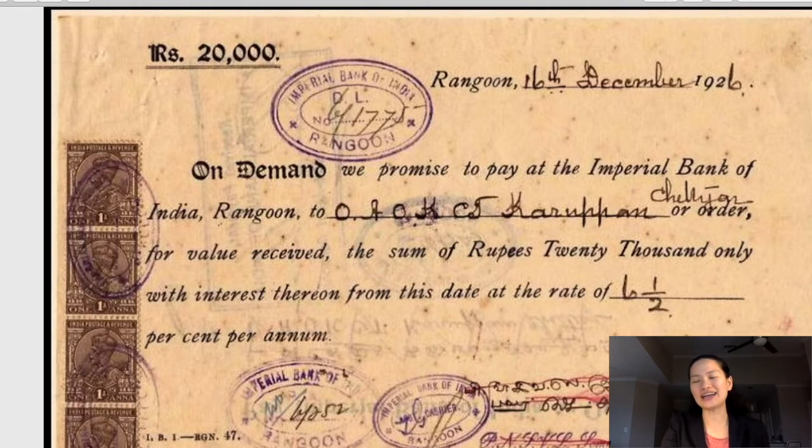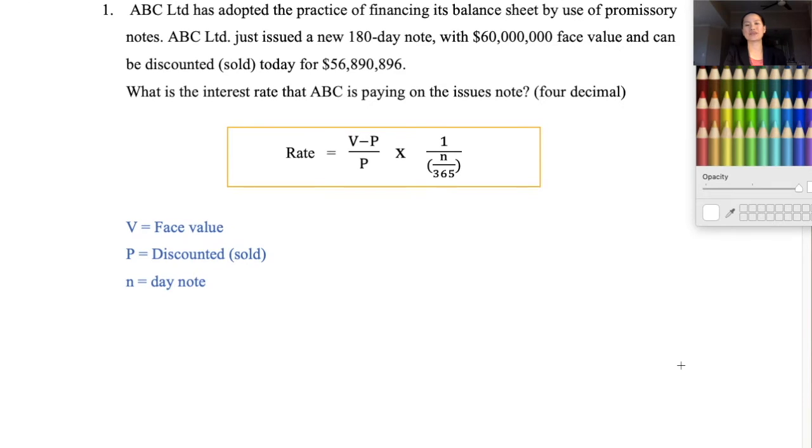Okay, how about I show you something? First, you have to know the formula. Our formula is rate equals face value minus discounted price, over P. P is the discounted price as well, meaning the amount of money that you sell for.